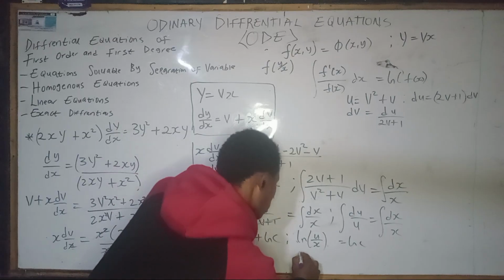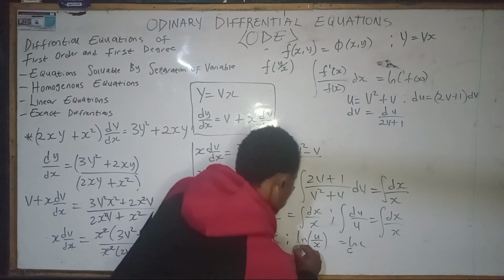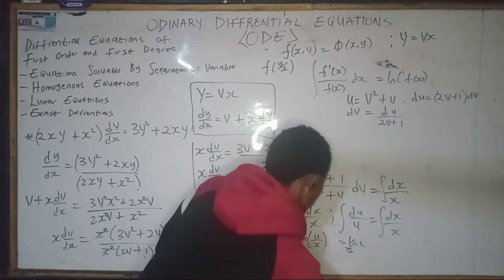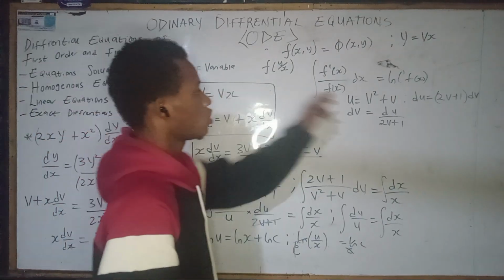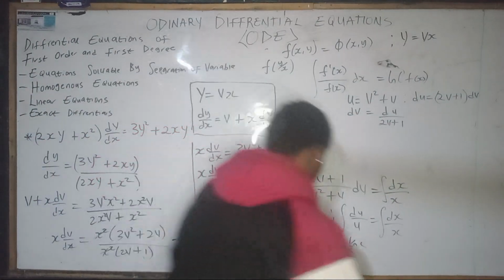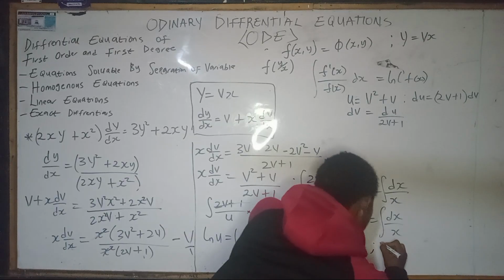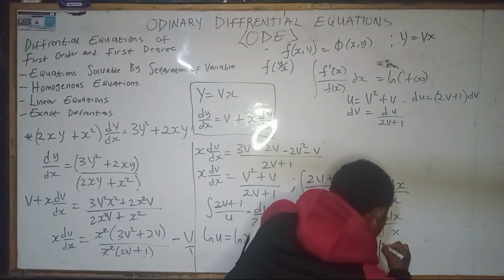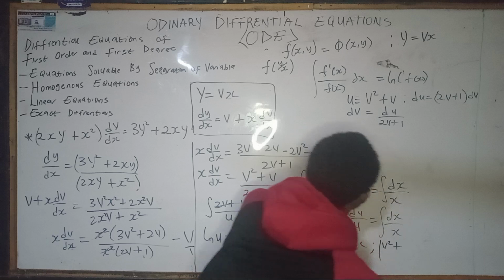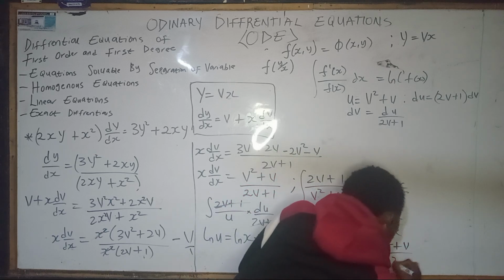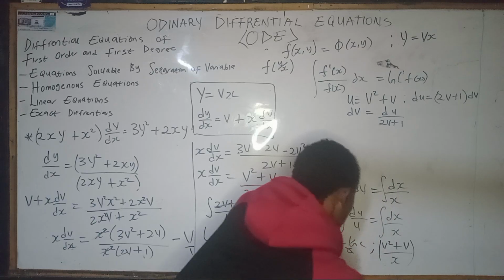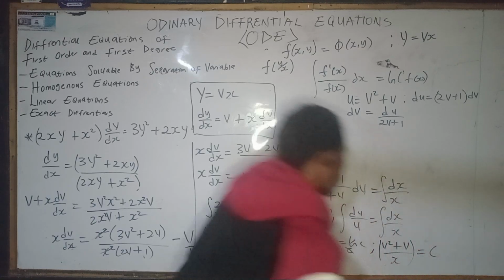If we add our exponential to both sides, e cancels ln and e cancels ln. So now what is u over x? Our u is equal to v² + v, so we have (v² + v) over x equal to our constant c.